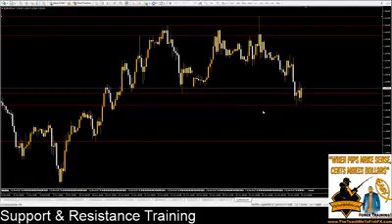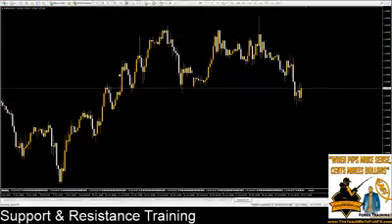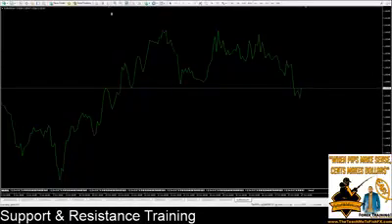Okay, so what we want to do is to not necessarily worry about the wicks of the candles, but actually focus on the body of the candles. And the way that I do this is by going from a candlestick chart to a line chart to plot on my support and resistance.